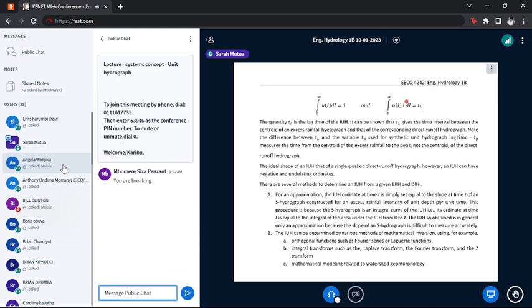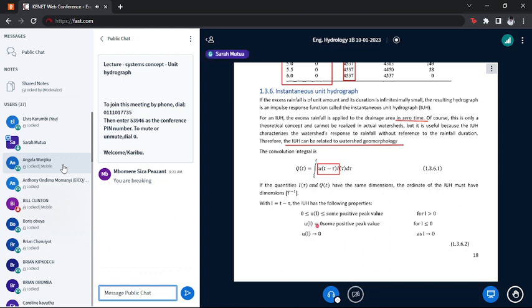And then if you multiply by L, which is the time when the rainfall has fallen, then you get a value TL. That is the duration, or rather the time lag of the unit hydrograph.